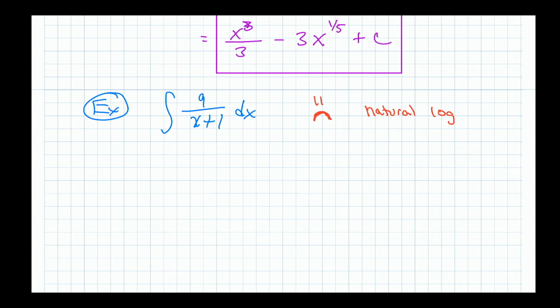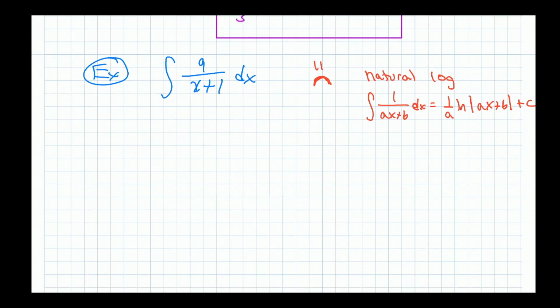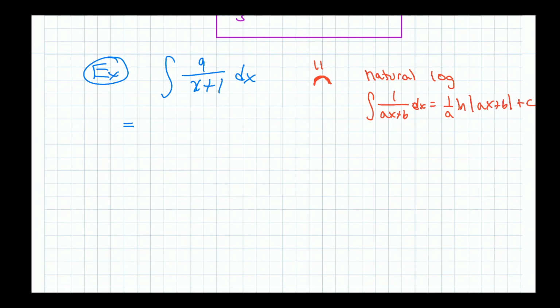Remember what to do with the ax plus b? 1 over ax plus b goes to, with the dx, 1 over a ln of the absolute value of ax plus b, plus c. So I know that makes you sad to have to do it. Well, actually I don't. It makes me sad to have to do it. But you'll be ahead for next semester, so that's good.